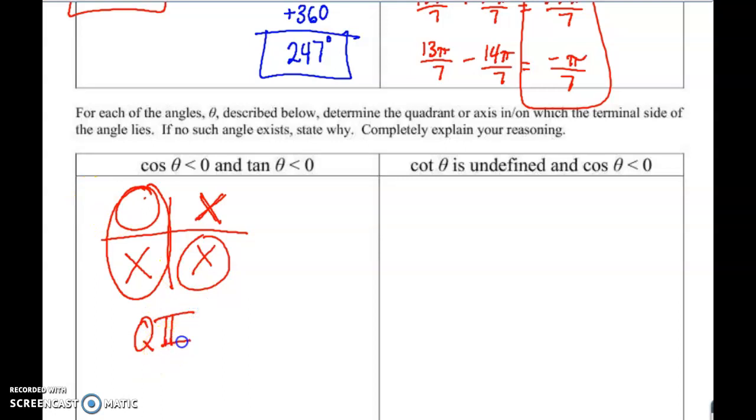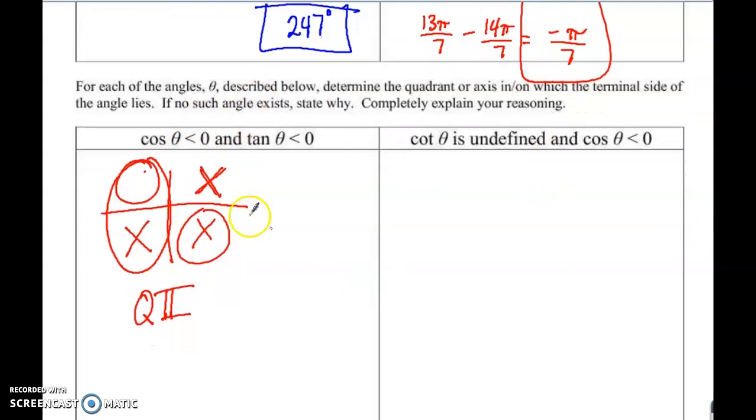It'd be nice if you wrote out some words, but I think this is good enough reasoning. I really want you to stay away from saying quadrant 2 because cosine is negative and tangent is negative. Yeah, that's right, but anybody that knows less than 0 is negative could write that out too. So I'd rather see some visual like this that you're showing me that you understand.